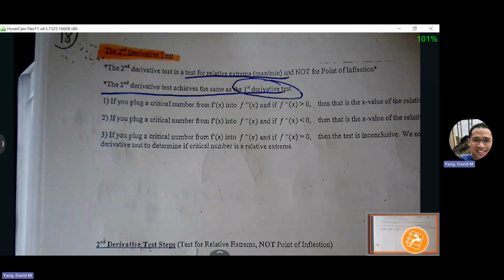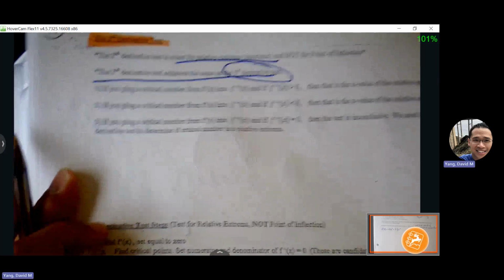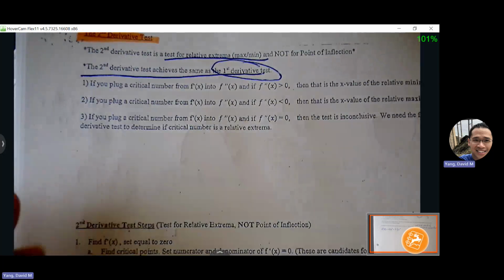We're trying to find relative max, relative min. So we're going to find f prime. We're still going to test our critical points that way. But we're going to gather information a little differently.